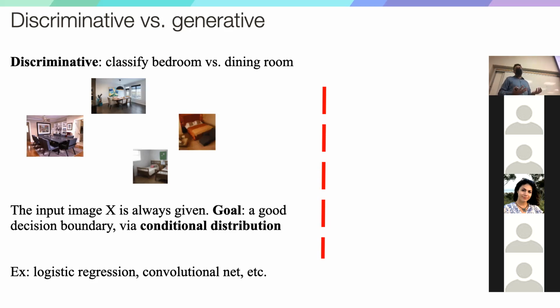The input of the model would always be your images, X, and the goal is to learn a good decision boundary that allows you to separate one class from another class. Typically, for example, using a conditional distribution, think about logistic regression, convolutional neural networks, or anything like that. Right? So then you would learn that decision boundary in that high dimensional space.